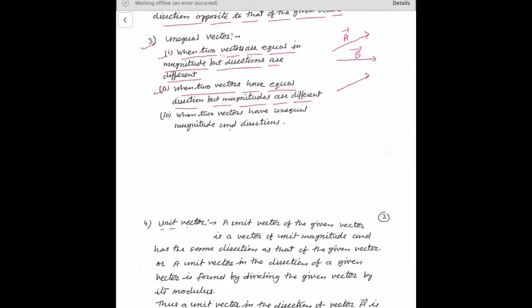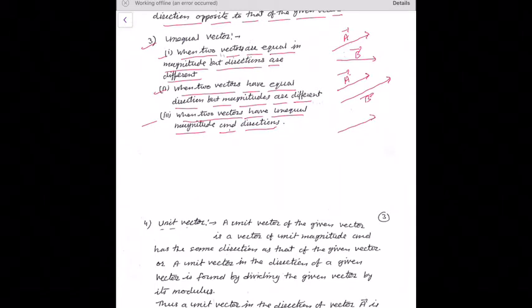Means direction same but magnitude different. Third, when two vectors have unequal magnitude and direction, means both magnitude and direction are different.